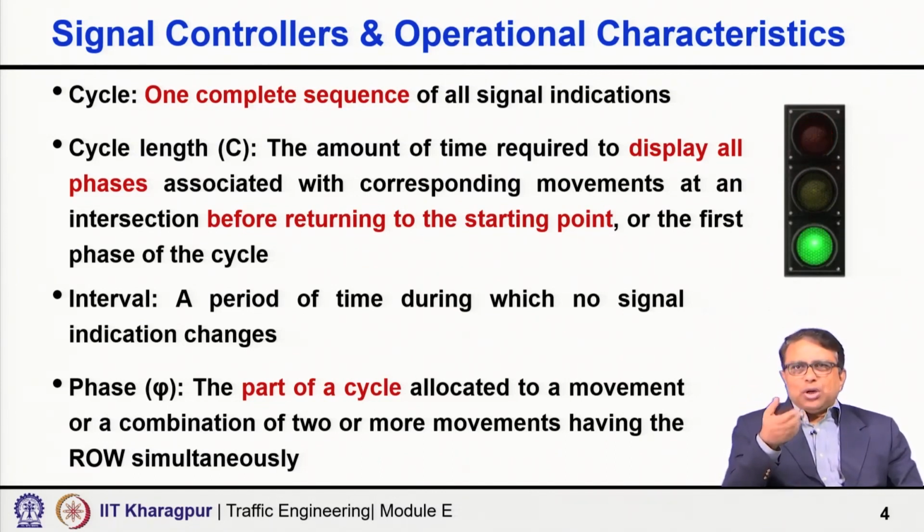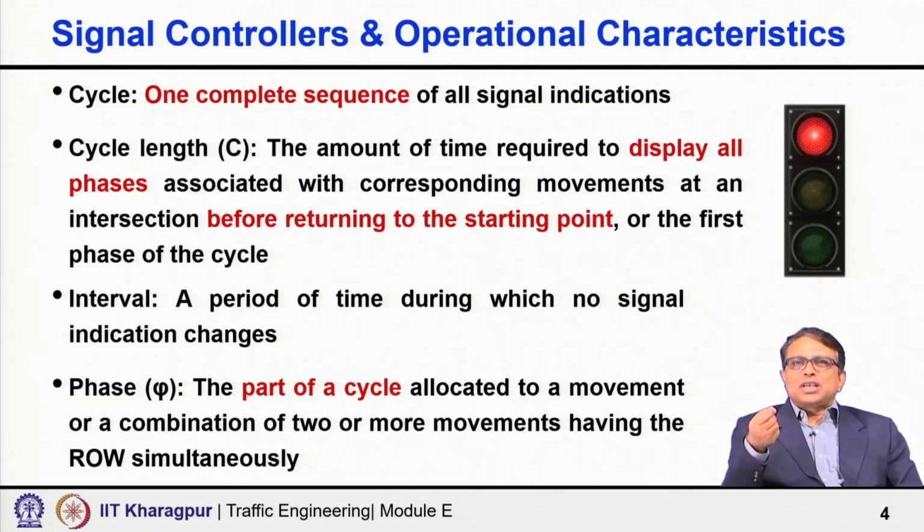So, wherever you start, one complete sequence of all signal indications, that is called a cycle. Now, what is cycle length? Simply the time required to complete a cycle or one complete sequence of all signal indications.